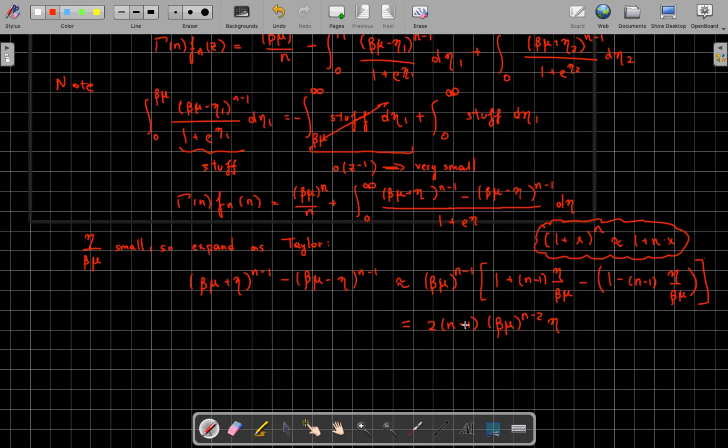So we found a fairly nice expression, which is of course an approximation. So this is equal to beta mu to the power of n over n plus 2 n minus 1 beta mu to the n minus 2 integral from 0 to infinity of eta over e to the eta plus 1 d eta.